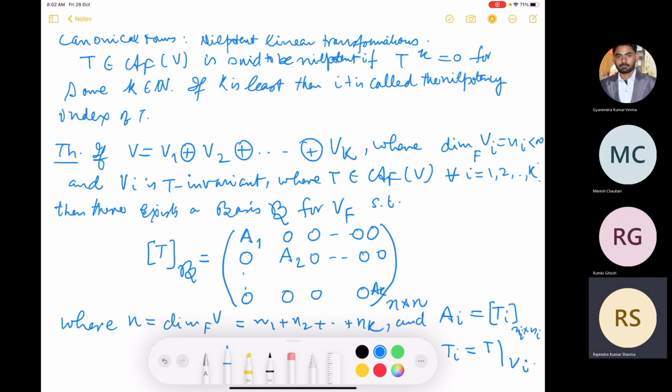So it turns out that there is a basis with respect to which the matrix of T is strictly triangular. We have called it triangular here for lower triangular matrices, but the same can be done as upper and lower triangular matrices are similar.